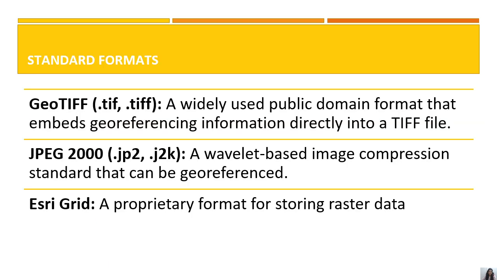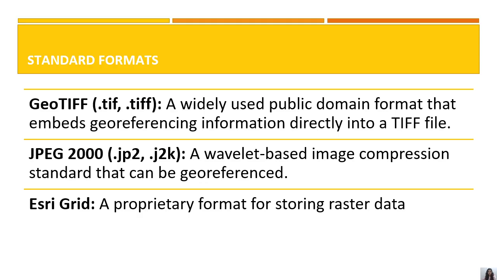There are different standards to save raster files, of which the three most famous are GeoTIFF, whose extension is .tif or .tiff, JPEG 2000, and the ESRI Grid. GeoTIFF and JPEG are widely used based on different needs.